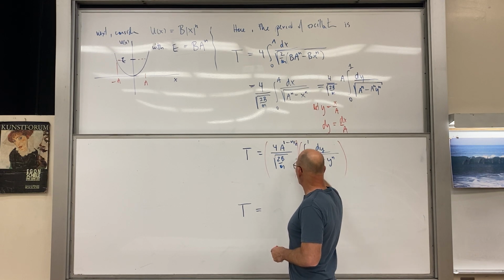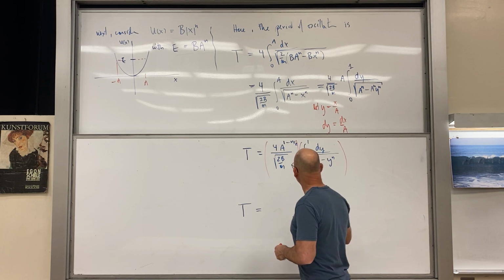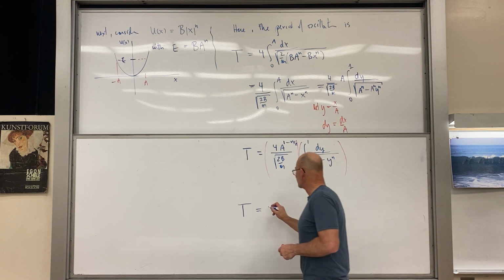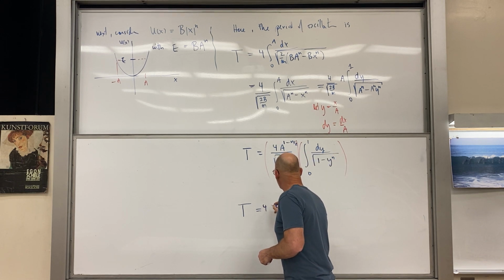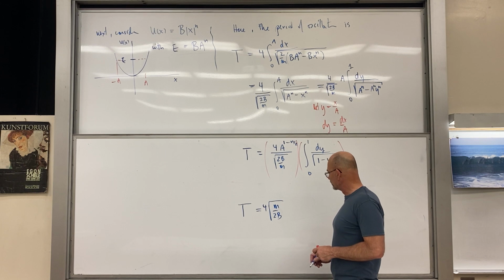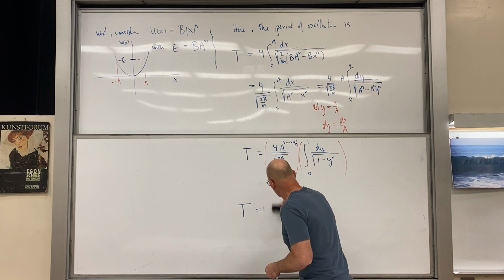But yeah, we have to keep the a 1 minus n over 2 out of the way anyway. So we've got 4 root m over 2b. I'm sure I can clean that up. 16 over 2 would be 8. Okay, we'll do that.